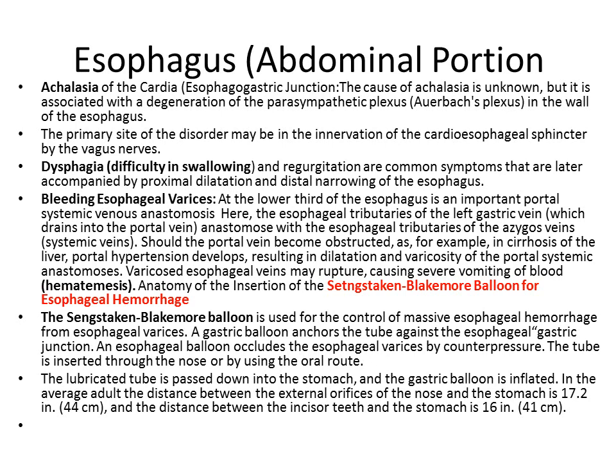The esophageal balloon occludes the esophageal varices, which may be pressed by counterpressure so that bleeding is stopped. The tube is inserted through the nose or maybe the oral route. Lubricated, the tube is passed down into the stomach and the gastric balloon is inflated.